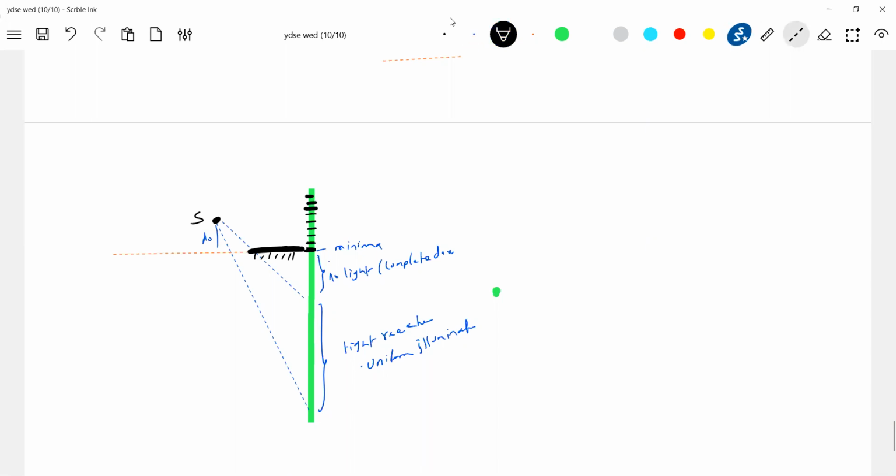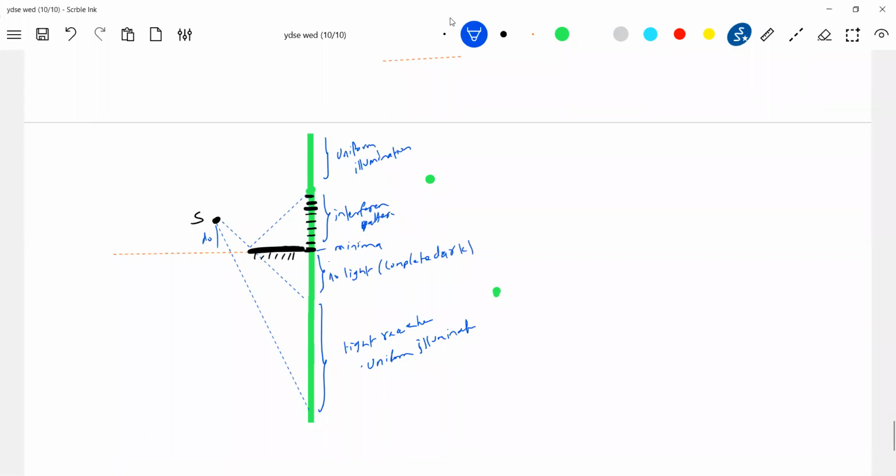This is what happens in a basic Lloyd's mirror. Here now we can put it. Again, uniform illumination. Then no light, complete dark.